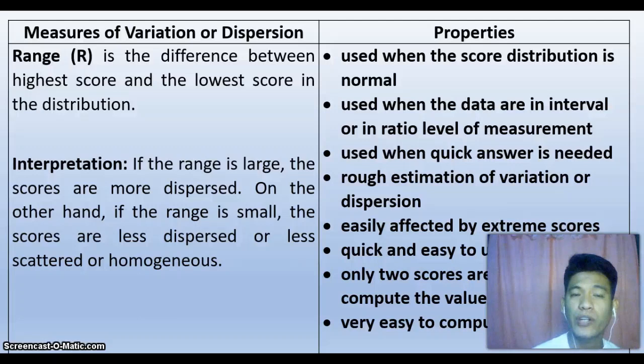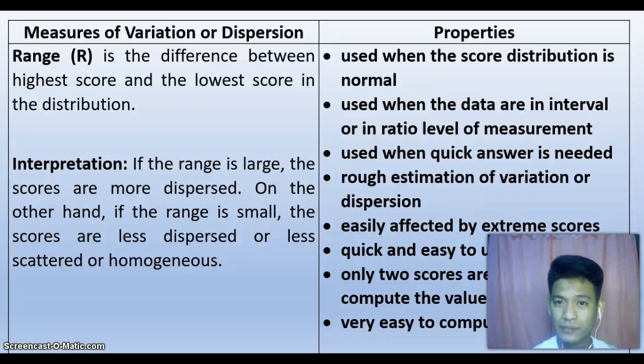The measure of variation or dispersion is the range. We said a while back that it is the difference between the highest score and the lowest score in the distribution. So what are the properties of range? The first one, it is used when the score distribution is normal. The second, it is used when the data are in interval or ratio level of measurement.